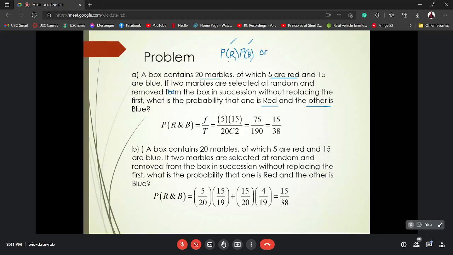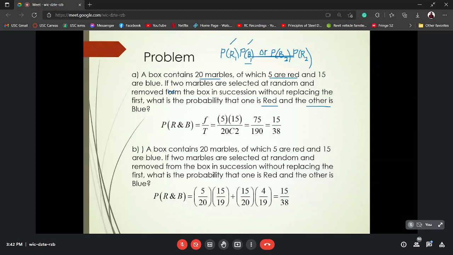I would say the probability that the first one is red followed by blue, or the probability of blue first, then followed by red. I label these with numbers so that they are differentiated.